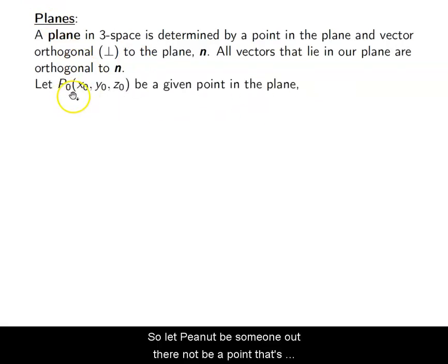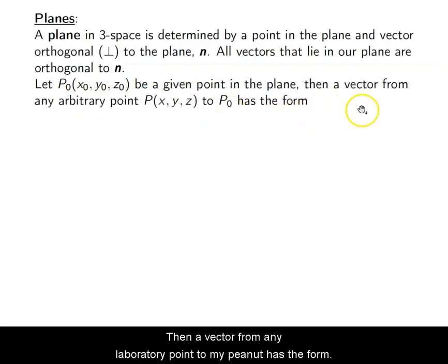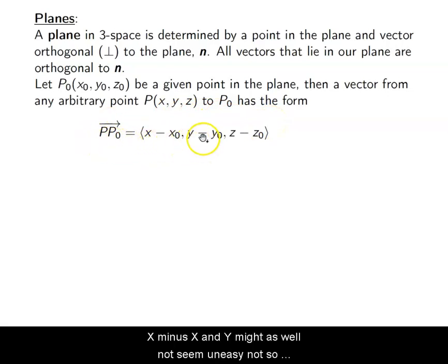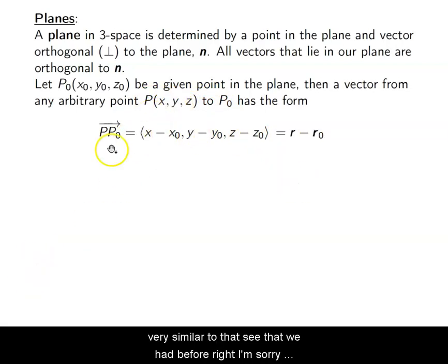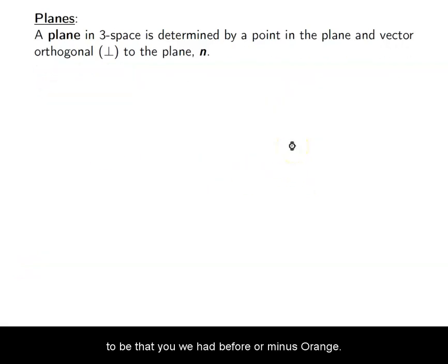So let P naught be x naught, y naught, z naught, a point that's in my plane of interest. Okay, then a vector from any arbitrary point to my P naught has the form of x minus x naught, y minus y naught, z minus z naught. So very similar to the v vector we had before. So again, v would be r minus r naught, right?